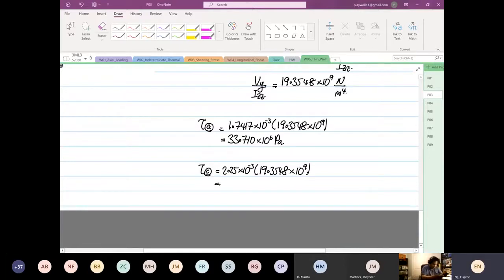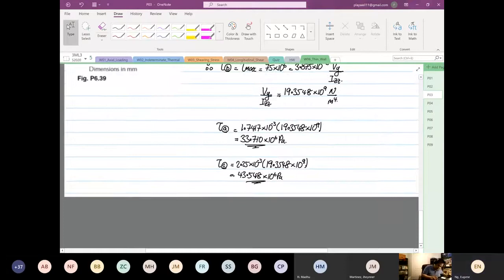So this will be equal to 43.548 times 10 to the power 6 Pascal.